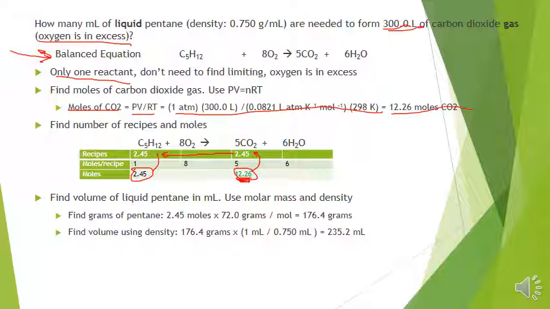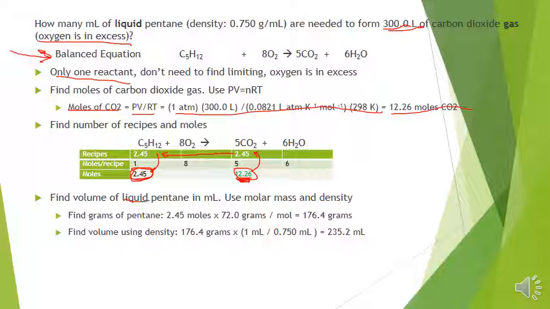Okay, so how many moles of pentane is that? Well, every time you do it, you need 1. So if you do it 2.45 times, you need 2.45 times. And so that's going to give you 2.45 moles of pentane. Okay, now from there, you need to figure out mils of liquid.